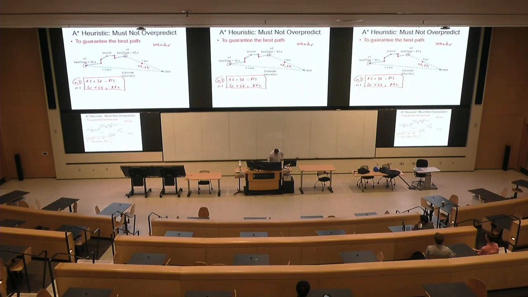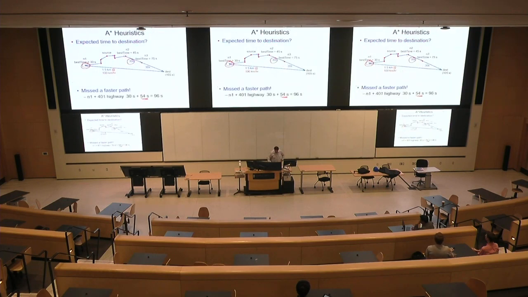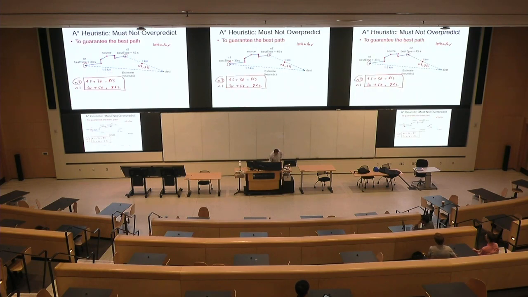Going back one, I showed that I had a street segment of 30-second delay, and I'll have 0.5 kilometers left. So I take off my N2. Now let's look at N3. It's 75 plus 18 seconds, the remaining estimated time to get to the destination, which is half a kilometer divided by 100 kilometers an hour.